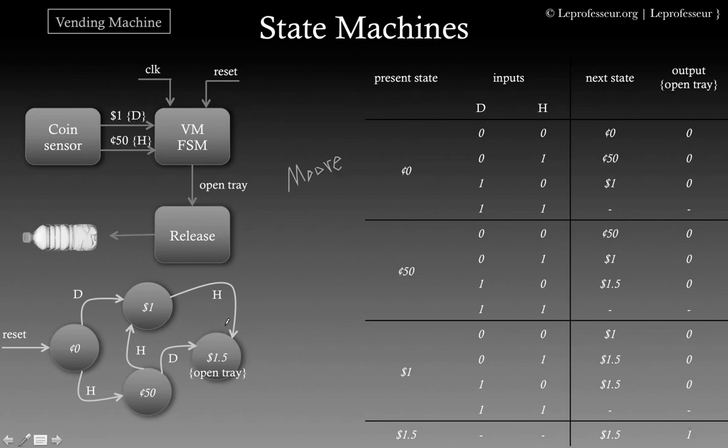So $1.50 was our output or final state, and $0 was our reset or initial state. In between we have these two states, $1 and 50 cents. We can fill in all the other entries. Good, so we got the state table.